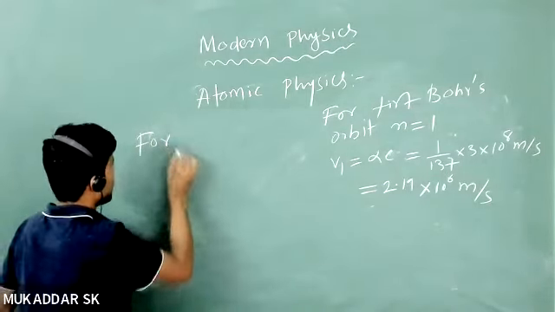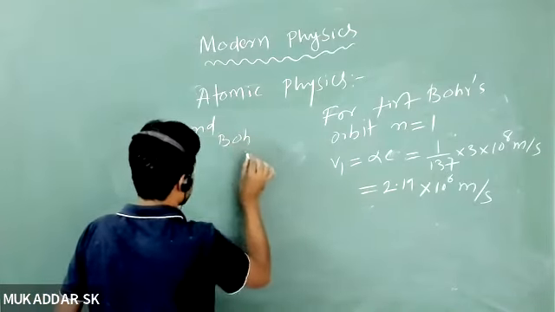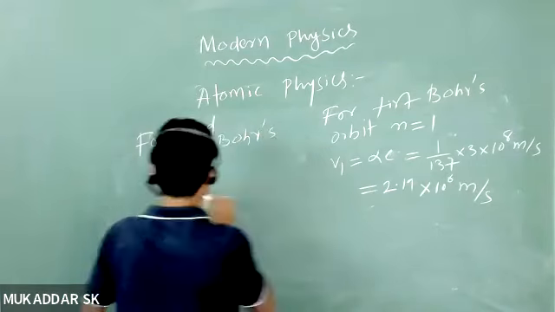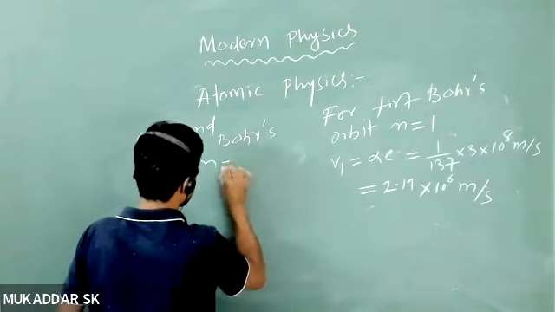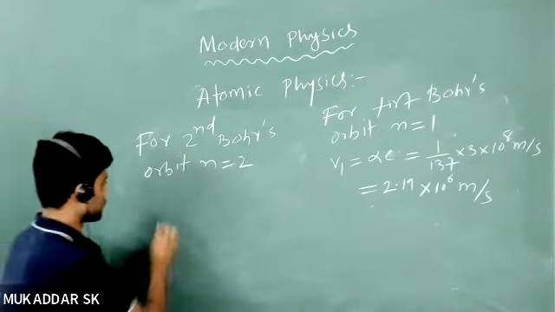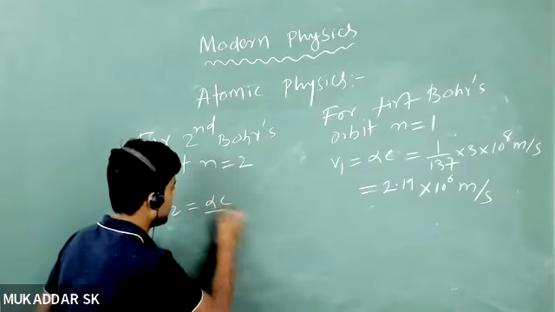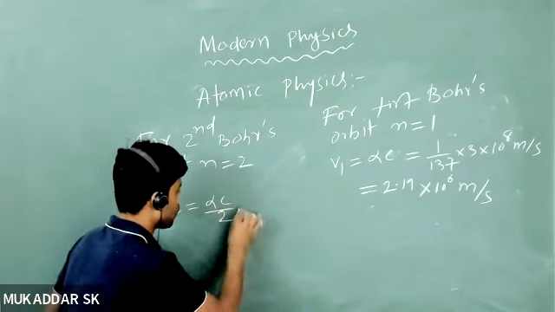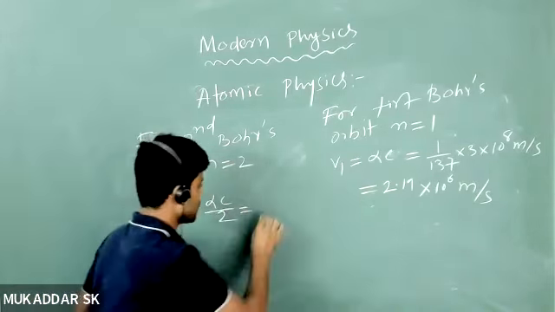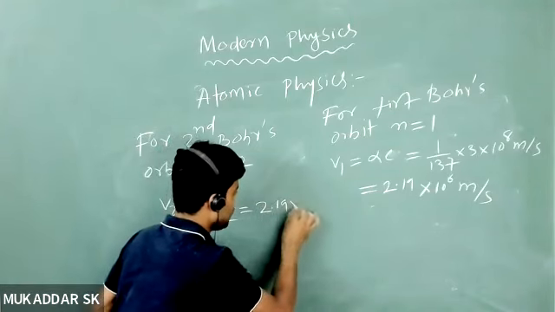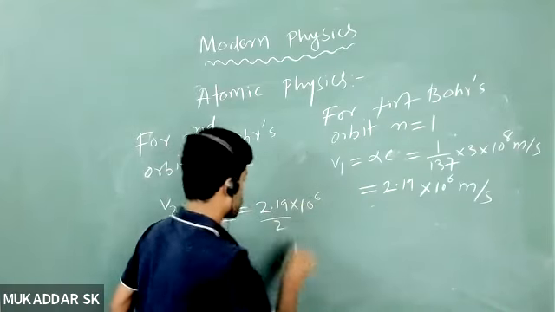For the second Bohr orbit, n will be 2, right? So the speed will be v2 equals, if you see that expression, alpha c by n. n will be 2. So you have this alpha c value, that is 2.19 into 10 to the power 6 meter per second divided by 2.